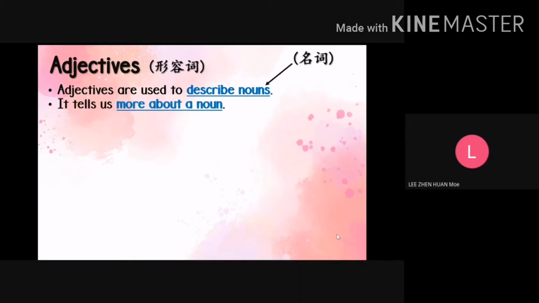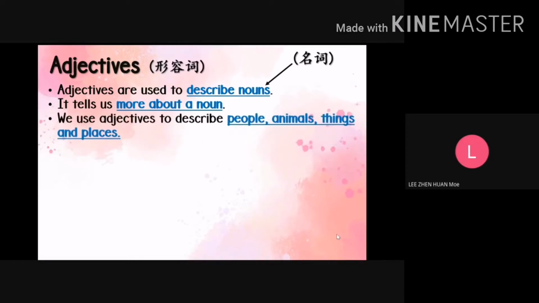Okay, so an adjective will always tell us more about a noun, which means we use an adjective to describe the noun. For example, how big is the thing, or to what extent the people or the thing goes. We also use adjectives to describe people, animals, things, and also places.